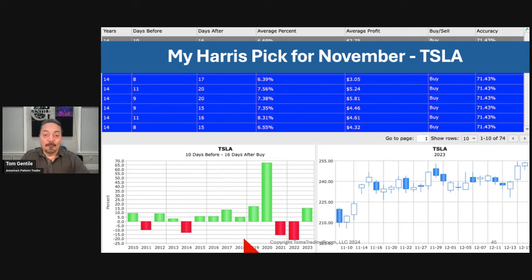I think it's more of a win for Tesla if Harris takes the chair in the Oval Office, because the mandates will continue. They'll probably be extended. There might even be added, improved benefits you can get by buying an electric vehicle. And they can't single out Tesla from this. They just can't. So that's my pick for November if Harris wins.